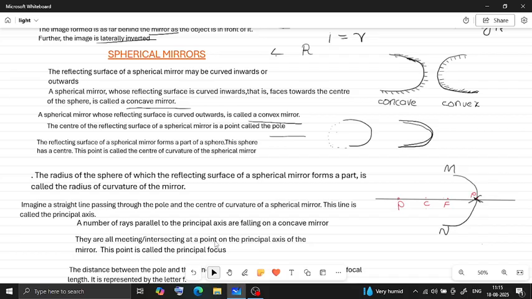And the sphere also has a center. If we cut the sphere into two pieces, one part becomes the mirror.